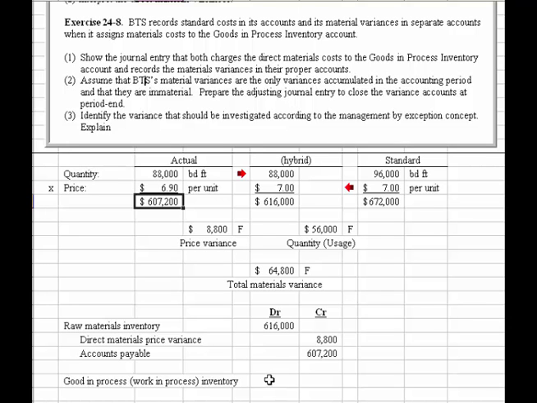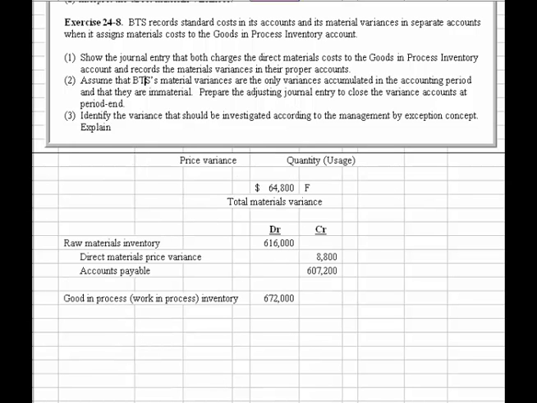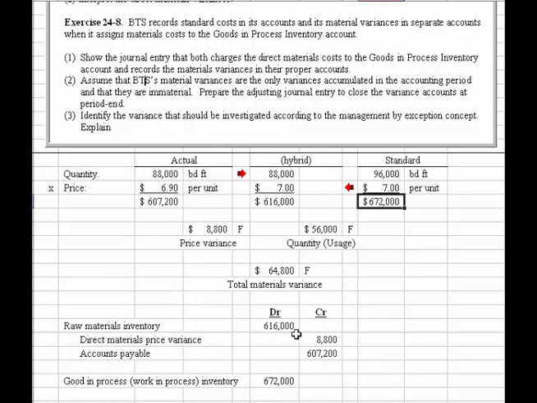Okay, now the goods in process represents whatever production says we completed, and it goes in at standard. So if we've completed this amount of work, the goods in process would get recorded at the 672,000. Okay, it gets recorded at standard. Let me scroll up so we can see that a little bit. You see I'm taking it from here.